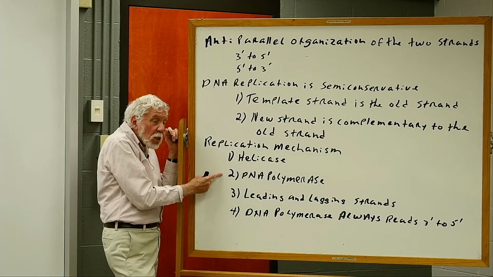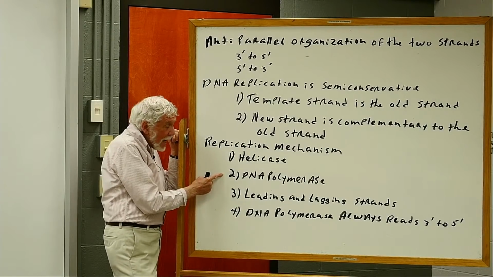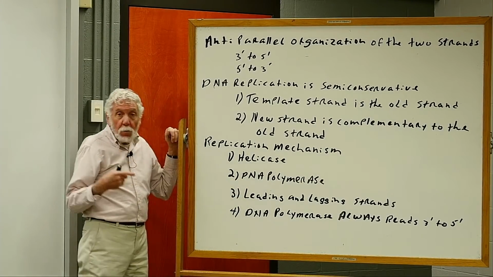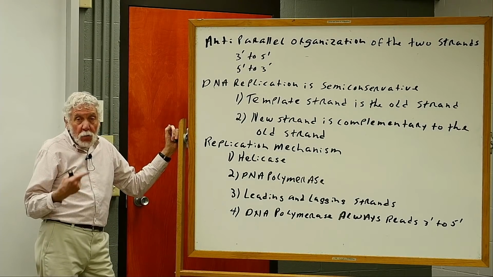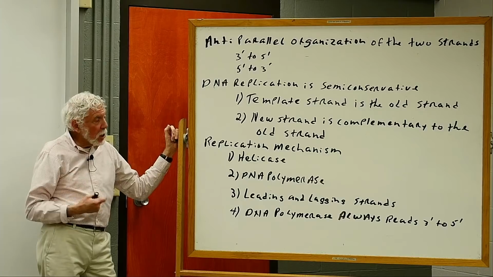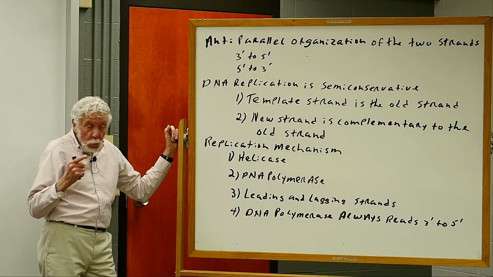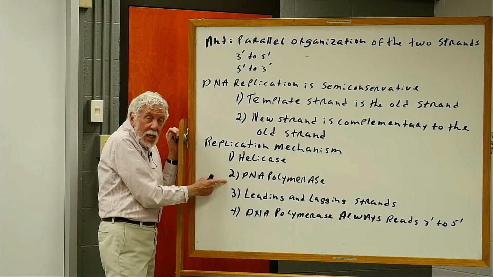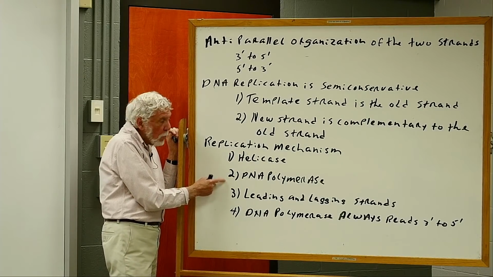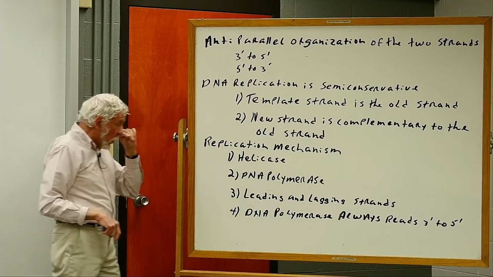So the DNA polymerase selects that base. Secondly, the DNA polymerase forms the phosphodiester linkage. It's this enzyme that forms the phosphodiester linkage between adjacent deoxyriboses. So its two roles are to select the appropriate base, and secondly, to form the backbone by forming those phosphodiester bonds.